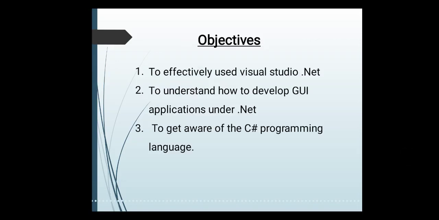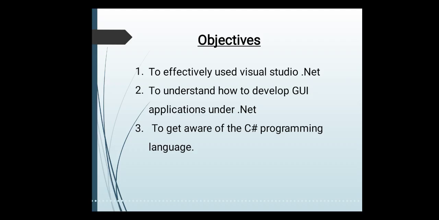Then what is the objective of learning this subject? The first objective is to effectively use .NET. So after learning this subject, you know what .NET is and how to use .NET to make different software projects.